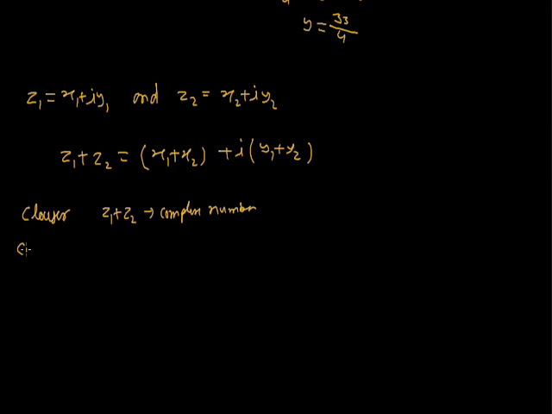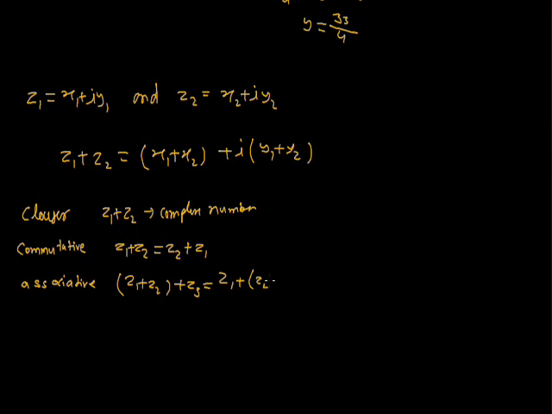Similarly, the commutative property: z1 plus z2 is equal to z2 plus z1. Similarly, the associative property: z1 plus z2 plus z3 is equal to z1 plus z2 plus z3, grouped differently.